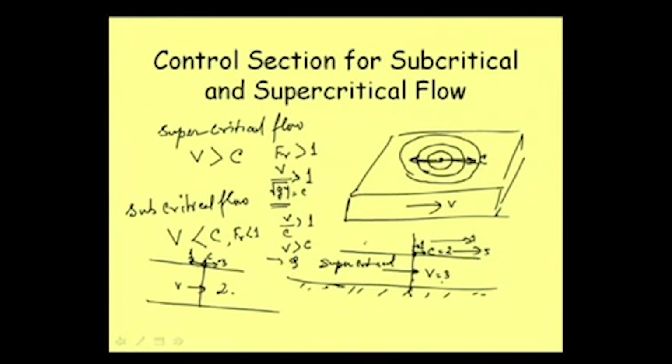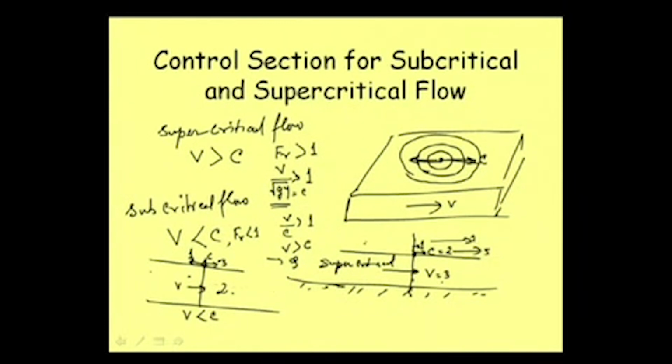So, always there will be some amount which is moving in the upstream direction. Any disturbance you create here will be moving in the upstream direction, and as it is moving upstream, this will influence the flow of the upstream part if it is subcritical flow, as V is less than C.